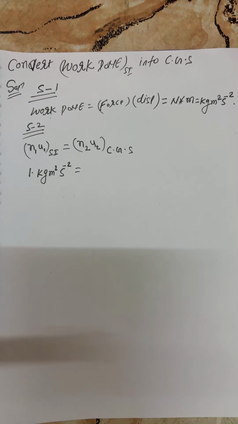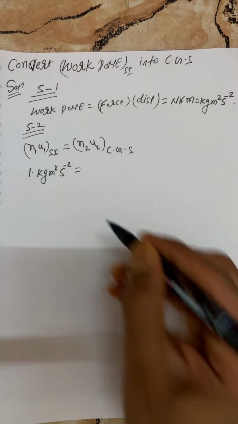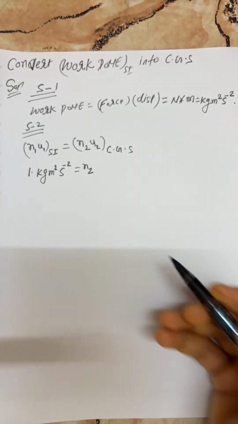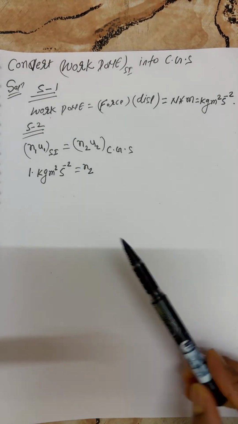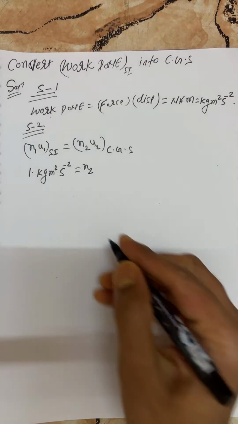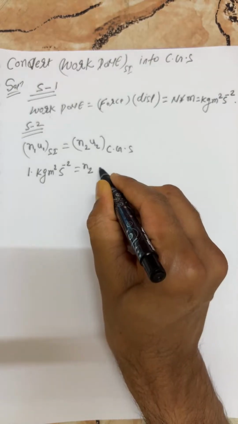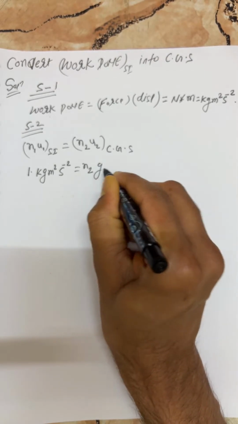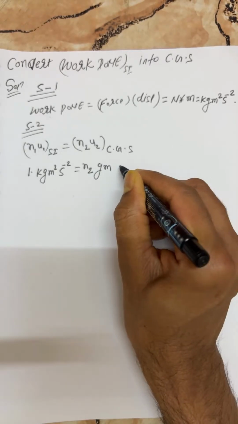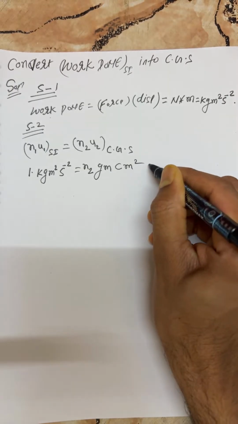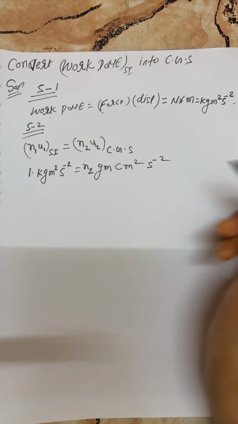For N2 there is no change, so it remains N2. For U2, you have to write the same unit in CGS. Kilogram, meaning mass unit in CGS, is gram. Length in CGS is centimeter square, and s to the power minus 2.